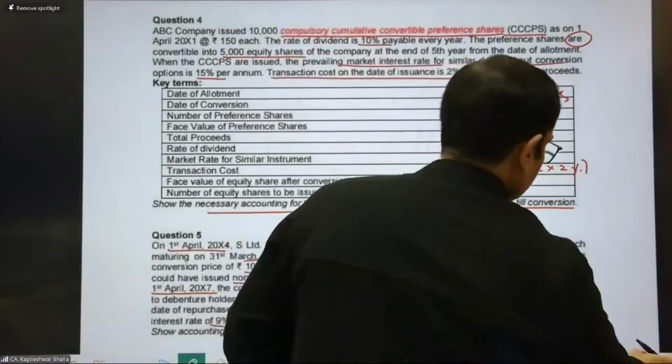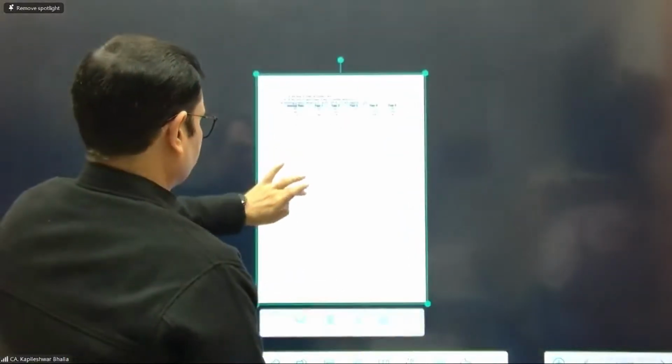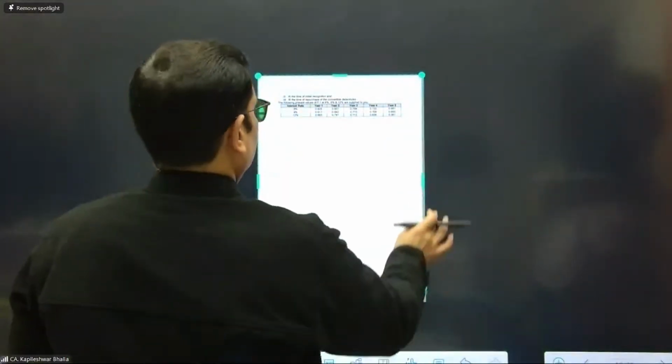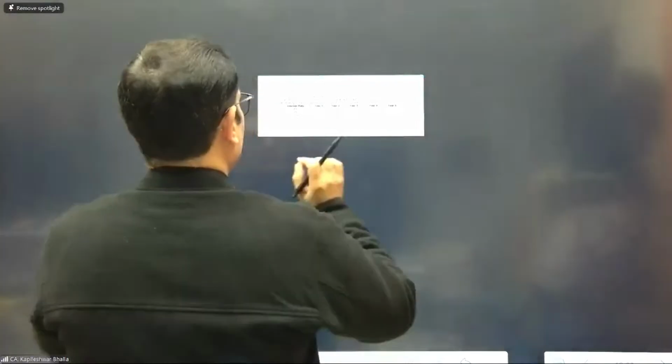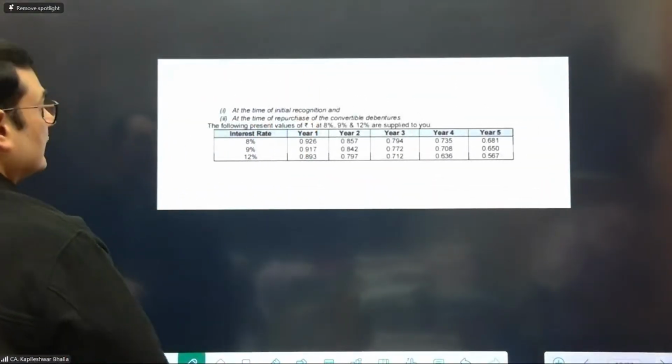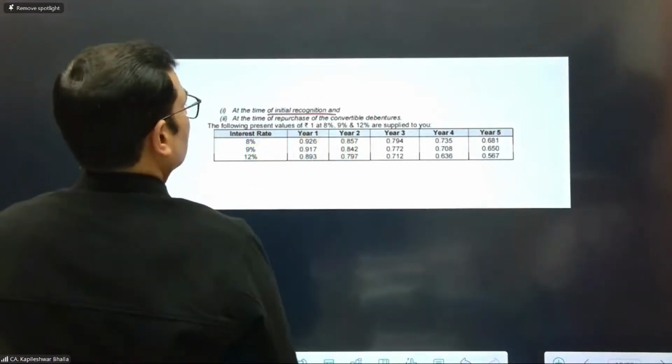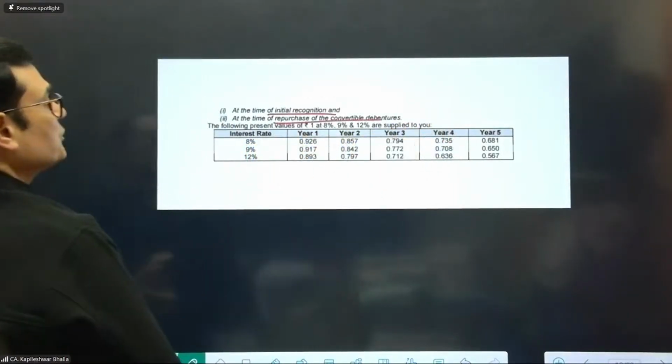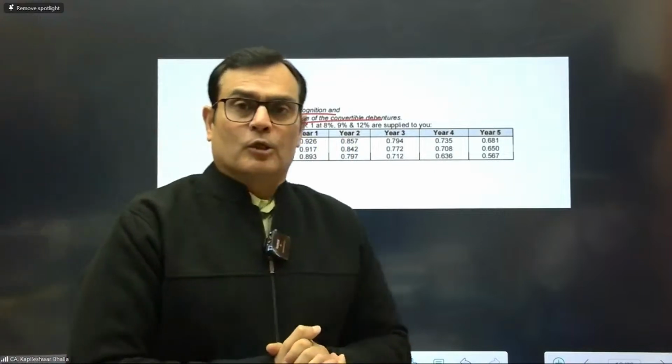What he's asking me in this particular case is the entries at 2 stages: at the time of initial recognition and at the time of repurchase of the convertible debenture. So first of all, you need to kick off the question in a normal manner. Just do the normal split accounting, what you do at initial recognition, make your ledgers for a period of 3 years, then we'll see.